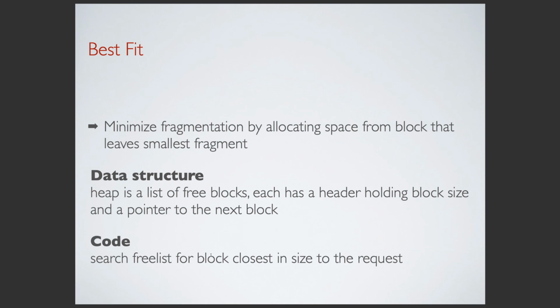So it might be O(n) every time. Maybe you're going to go through the entire list, or maybe you're going to try to find the one that is good enough. So you search the free list for the block closest in size to the request. It can be slow, because you have to go through probably the entire list, or at least a big chunk of the list, to find the best fit.